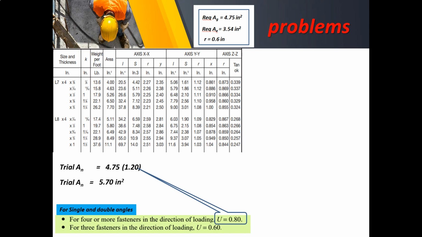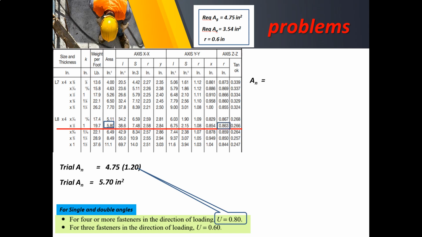Of course, the nearest to 5.7 square inches will be the section L8 by 4 by 1/2. So this has cross-sectional area 5.8. And again, the radius of gyration is greater than the minimum required radius of gyration of 0.6 inches.